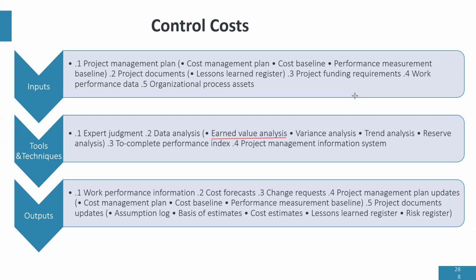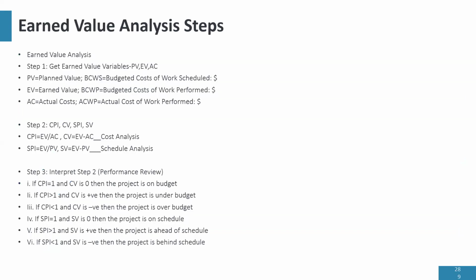So control cost means that we have started the project, we've started expending cash, we've started spending money. I want to know whether our budget is under control or whether we've gone way over budget. We can use these techniques. The first one I'm going to talk about is earned value management. And this is a very powerful tool that you can use to track project budget.